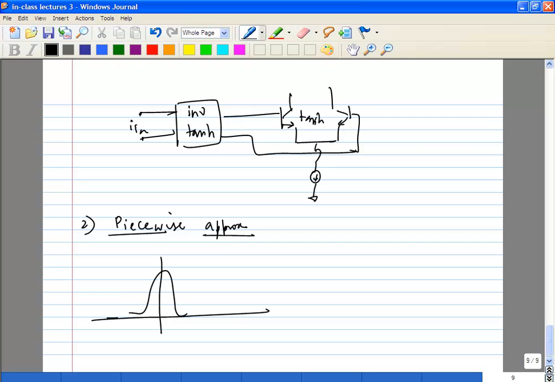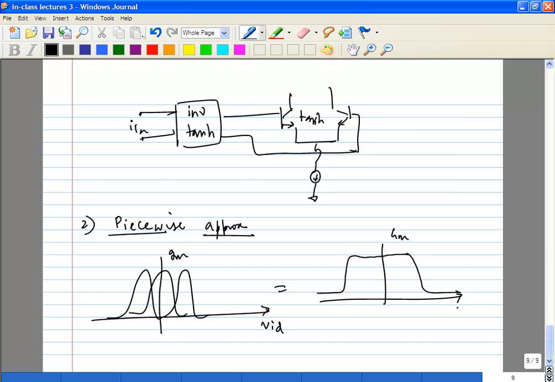So if you have something like this. We already looked at this, I think 2-3 classes ago.